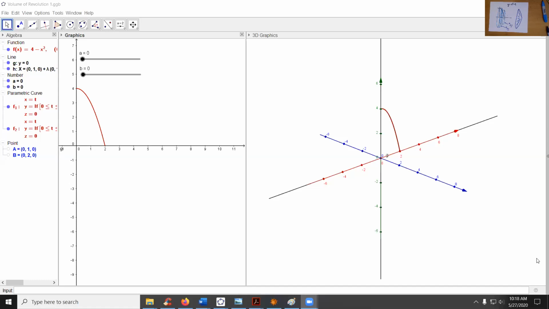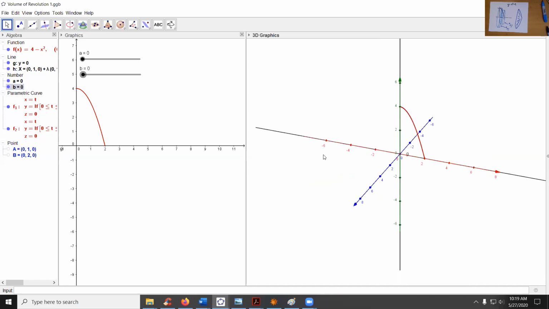Yeah. Okay. So what I've got here is my curve from the parabola. And what I'm going to do is spin this thing around. Let me see if I can get it. So there it is in 3D.